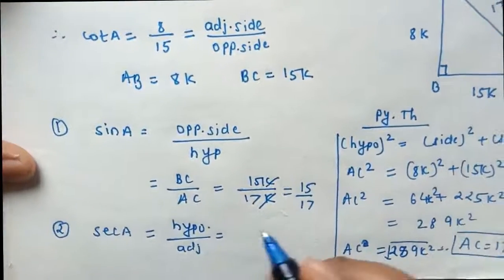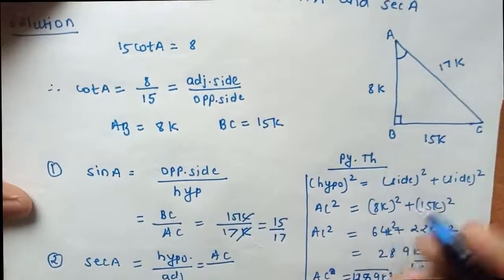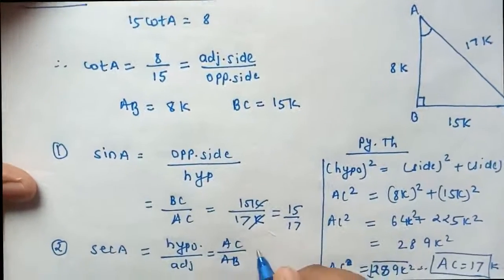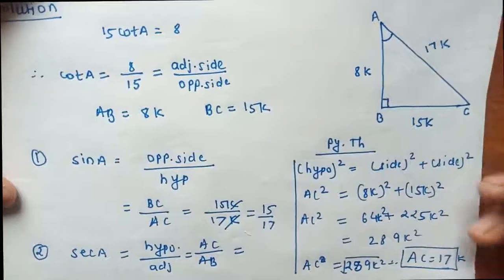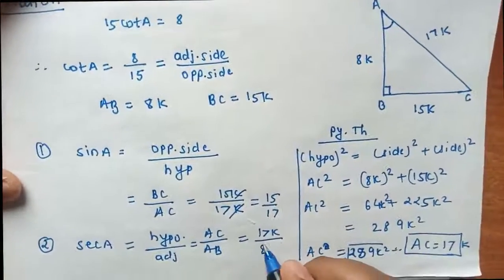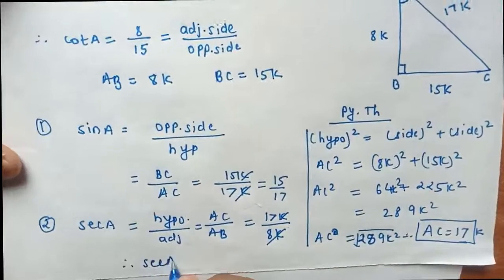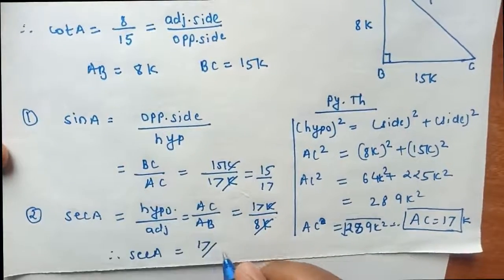The hypotenuse here is AC, and the adjacent side for angle A is AB. So AC is 17k upon AB, which is 8k. Just cancel k and k. So you get the sec A value as 17 by 8.